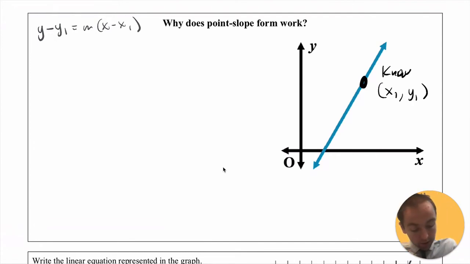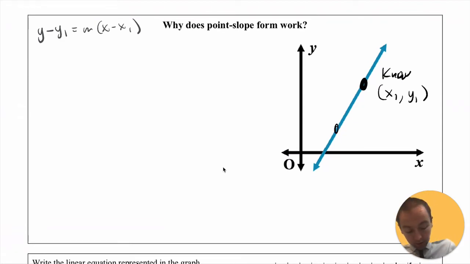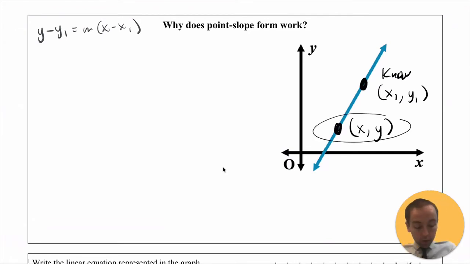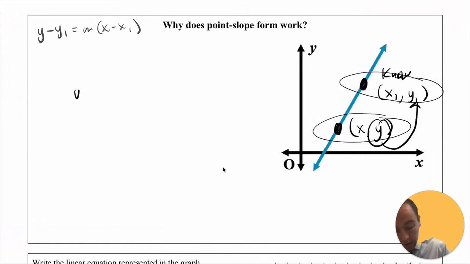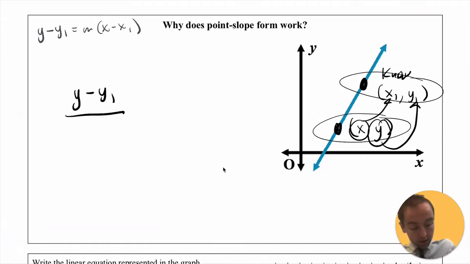And then if we pick any other point on the line, but we may not know the coordinates of that point, just any other xy point, then we can relate these 2 points together because we know how to compute slope between 2 particular points. All that slope is, is taking a y coordinate minus a y coordinate, so y minus y1, over the x coordinate minus the other x coordinate, and that's going to determine the slope of your line.